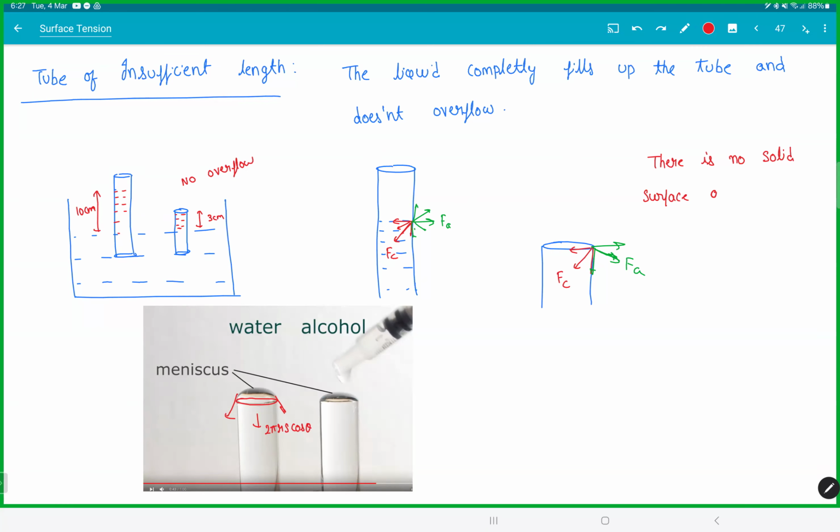So if you put a tube of insufficient length, you are not going to overflow. There's no solid surface above the liquid to attract the liquid. So it won't go up. And worst case, if liquid tries to go up, the same adhesive force will actually pull you down.